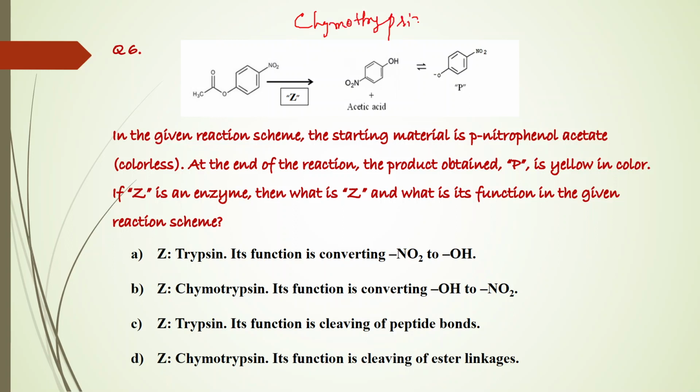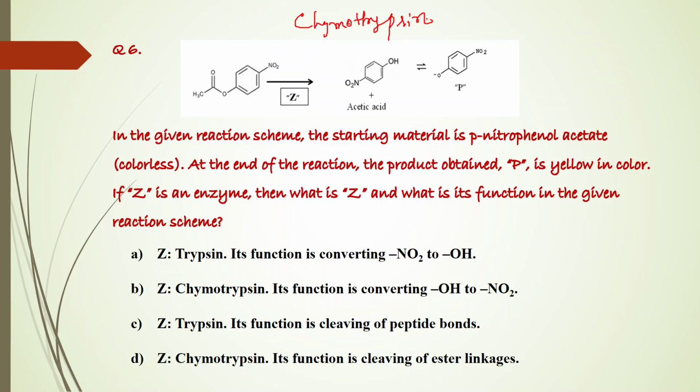Chymotrypsin generally breaks the peptide bond on the carboxyl side of amino acid residues that have hydrophobic groups in their side chains. It targets those peptide bonds and breaks them from the carboxyl side or the C-terminal side.